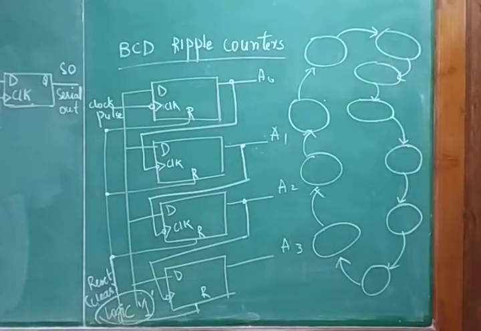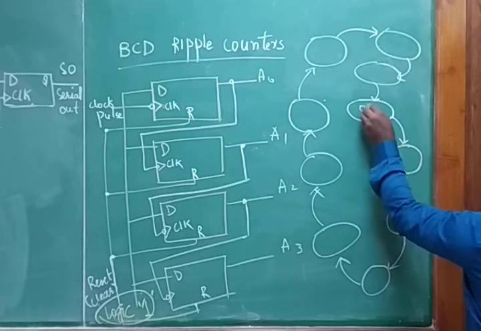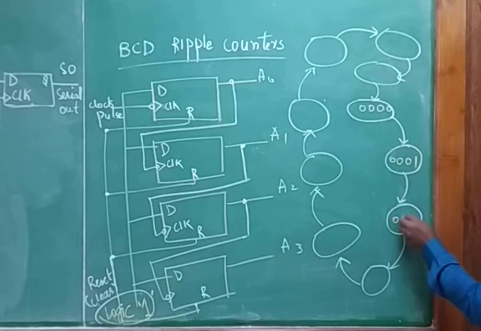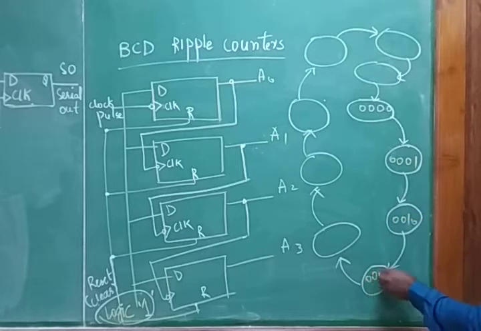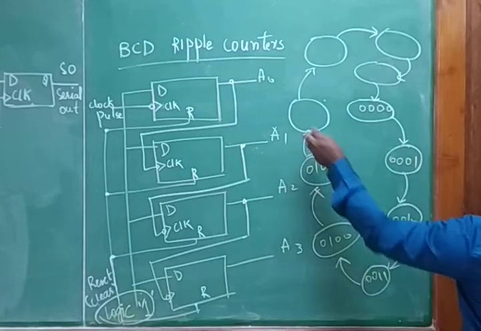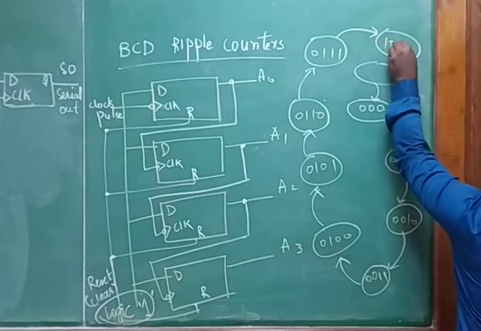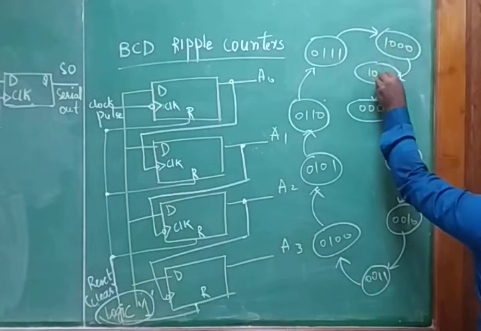So what is the first combination for BCD? 0 0 0 0, right? Next combination 0 0 0 1. Next is 0 0 1 0, 0 0 1 1 is 3. Now 4 will be 0 1 0 0, 5 is 0 1 0 1, 6 is 0 1 1 0, 7 is 0 1 1 1, 8 is 1 0 0 0, 9 is 1 0 0 1, right?